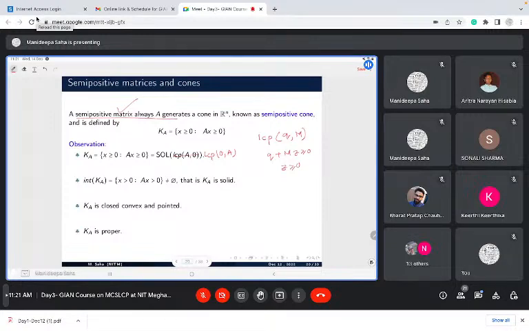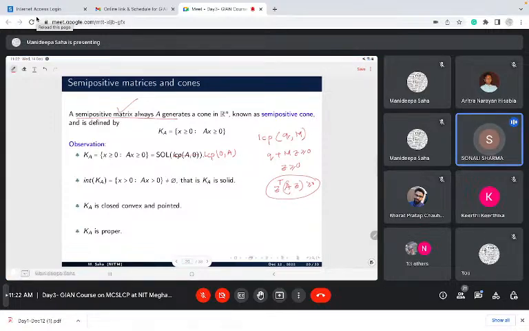Sorry, q is 0. Yes. So the only problem will be the orthogonality, whether z transpose Mz will be greater than 0 or not. Where is this coming from? Yes, we have it as 0. So how is it going to be?